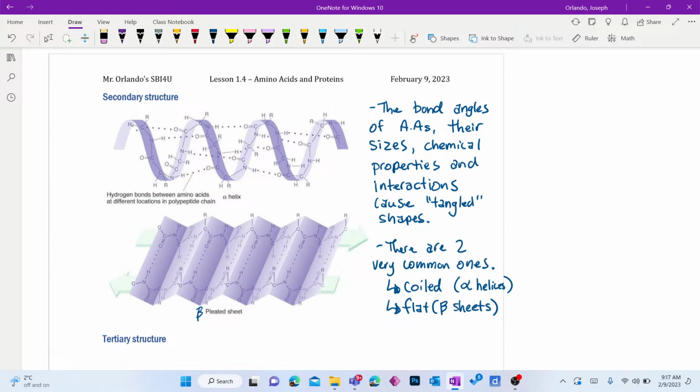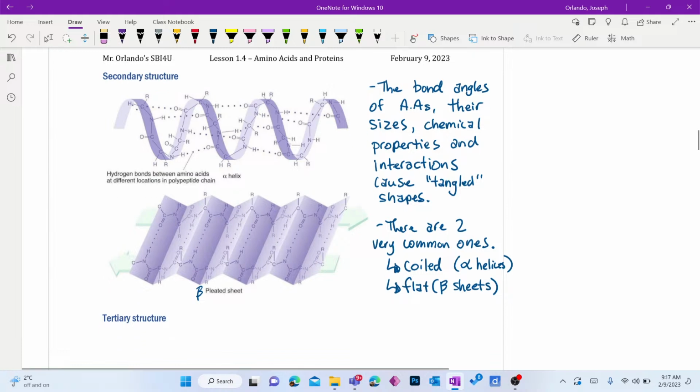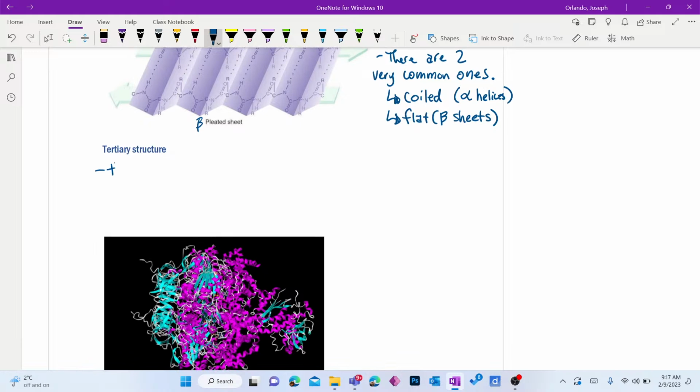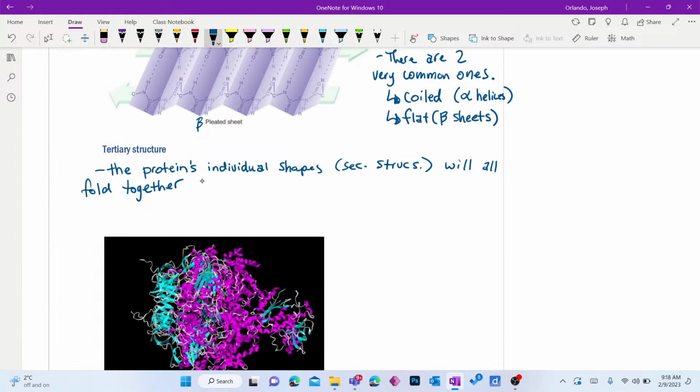So these are small little local folds, and then the tertiary structure is the protein's individual shapes, which remember are the secondary structures, will all fold together to form a single three-dimensional mass.